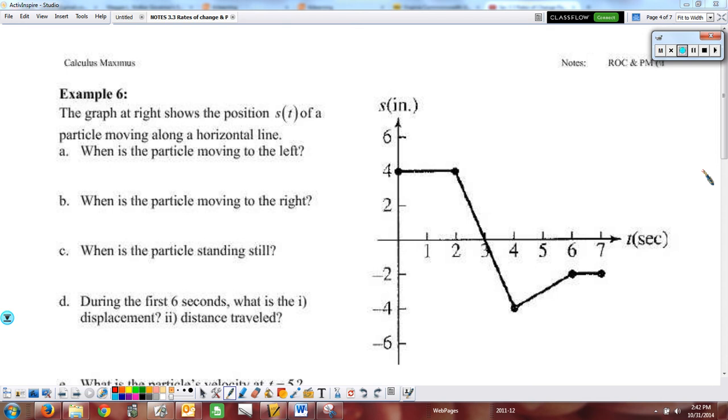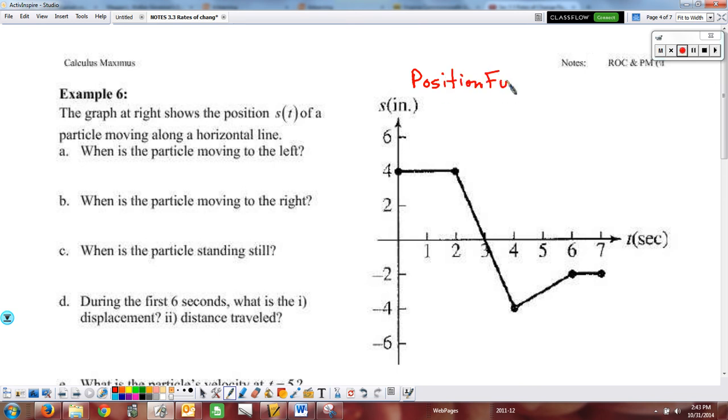Okay. Now the first thing to notice about this problem, and it's really important on the AP, is to know whether the graph they give you is a graph of the position function or the graph of the velocity function. We're actually going to do two examples, and in example 6 here, I have labeled this as S in inches, so I am being given the position function of the particle.